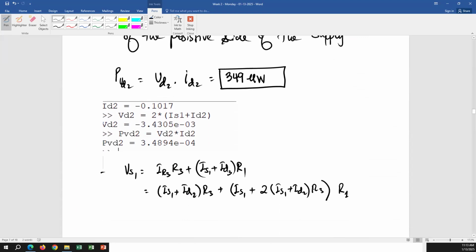Keep going up and back and forth, and it takes longer. So 2 times IS1 plus ID2 times R3. That's ID3. Then IS1 and R1. So that's my VS1. Let's calculate it.